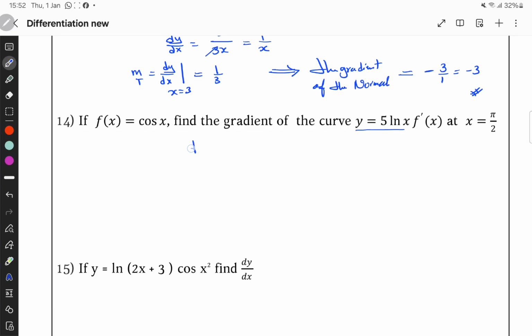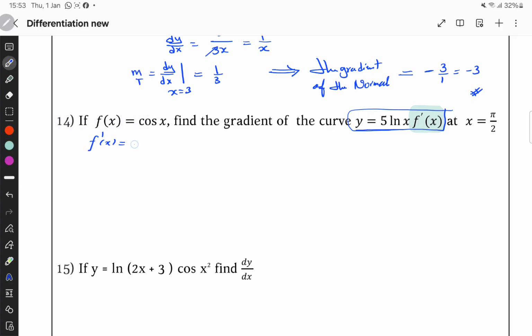So f of x is equal cosine x, but that function is ln 5x times f dash. So how to find that f dash? From f. F is given. So find the f dash here.